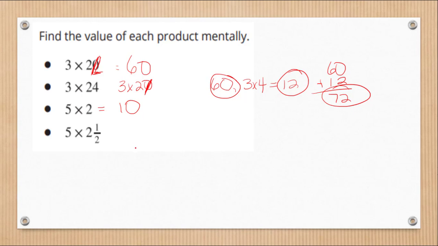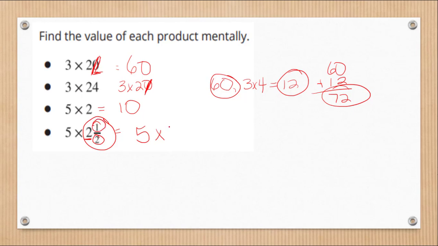5 times 2.5, so that's going to be 5 times, and then I'm going to take that 2.5 and change it to an improper fraction. So remember, to change it to an improper fraction, you're going to multiply the whole and your denominator. So 2 times 2 is 4, and we're going to add the numerator to it.